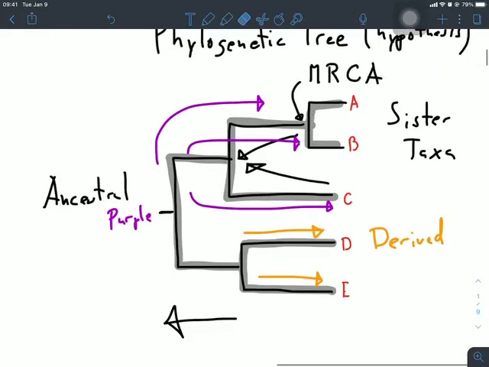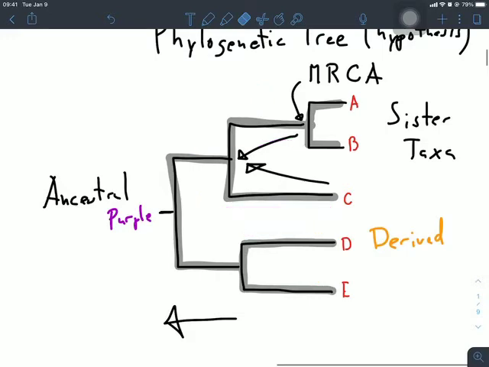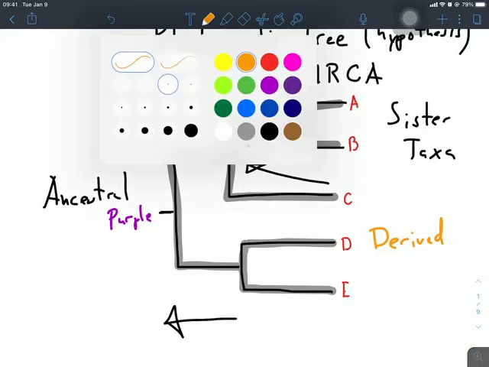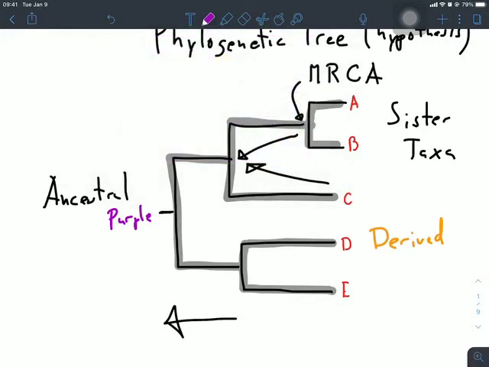What I mean by this is that we want to be illustrating our traits not by those arrows, but rather by tick marks. Ancestral being purple, and putting a single tick mark on the tree costs one evolutionary currency, one mutation, right? Because ultimately these are all mutants of different things.